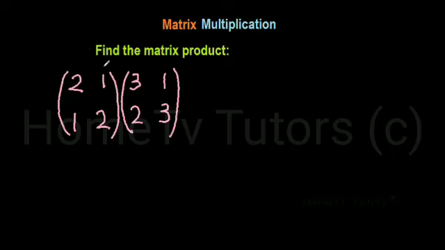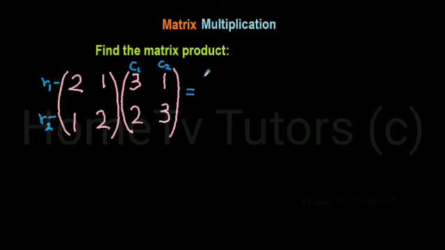Let us now take a look at this example of matrix multiplication, with this matrix of 2, 1, 1, 2 to multiply matrix 3, 2, 1, 3. So what you basically need to understand is that the row of the first matrix will multiply the column of the second matrix in this format.